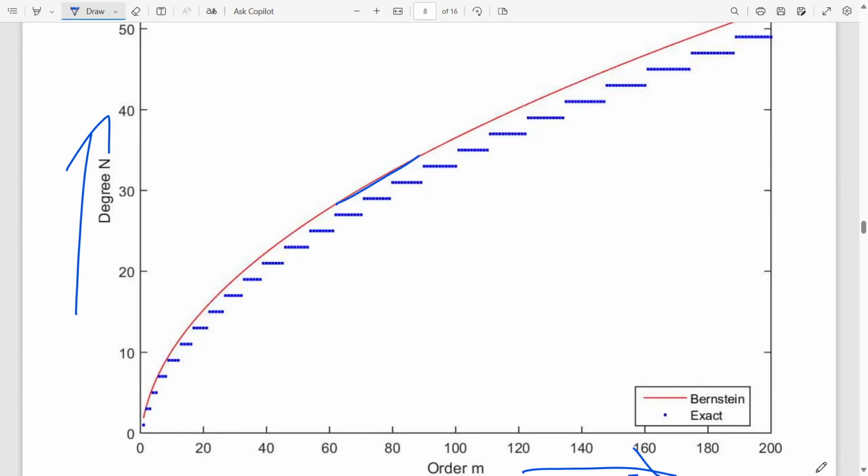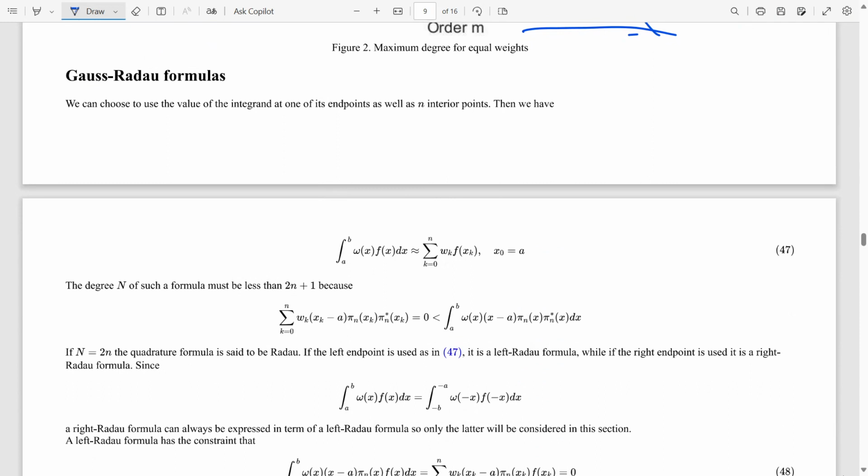What we know about Gaussian quadrature formulas may be applied to Radau quadrature formulas. Now, we could choose an n plus first point that's fixed at the left end point with still n floating nodes.